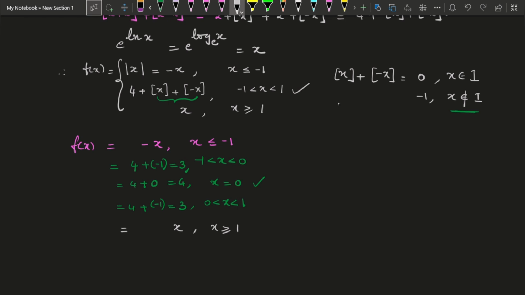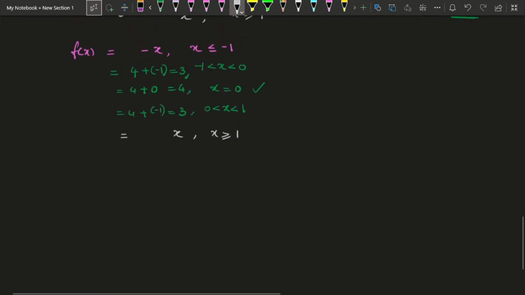Now I am going to draw the graph of this function. An even function is always symmetric about the y-axis. Now look at the graph.